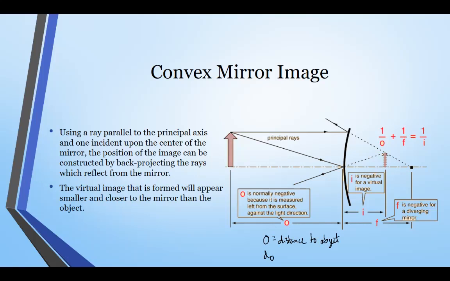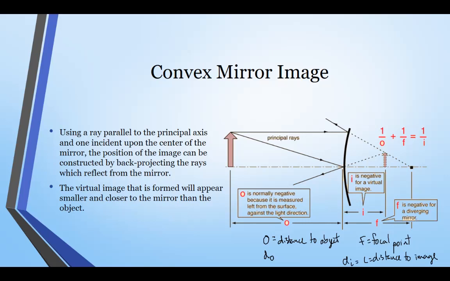F is the focal point, and I is the distance to the image. Again, sometimes you'll see them use the term D sub I for this.